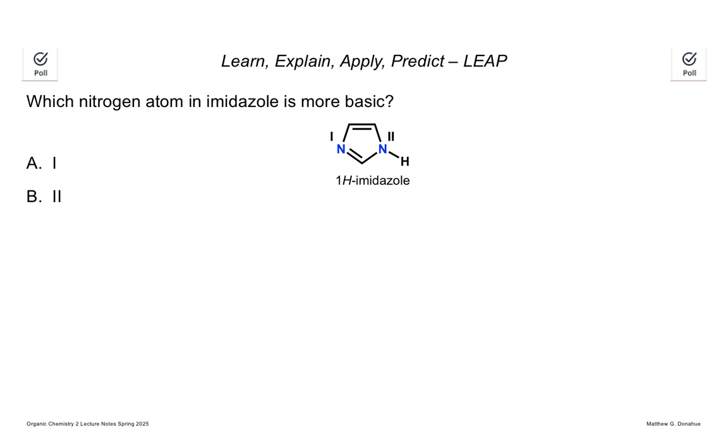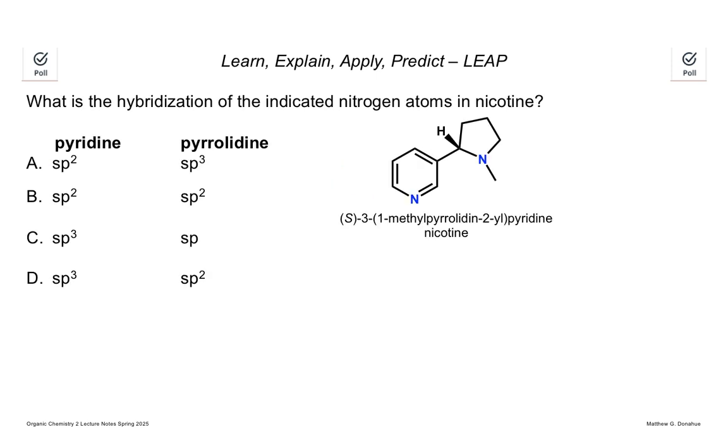So this one was one, so more basic, again, due to the lone pair being in the sp2 hybrid orbital. So with molecules that have more than one nitrogen, I typically refer to them sort of in this way, like a pyridine type nitrogen or a pyrrolidine type nitrogen.